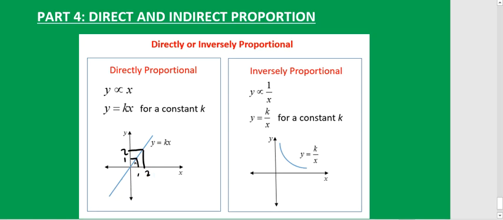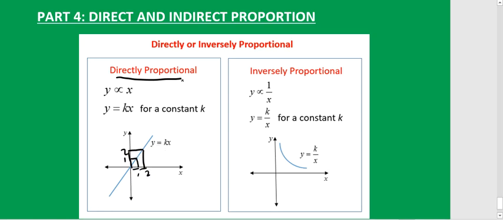So you see what happens? Because the graph is upward sloping, it's going up. That represents direct proportional, which means that as the x variable goes up, the y variable also goes up. If the x variable goes up to 2, the y variable also goes up to 2. It's not always 1 and 2, but it's a simplified way to understand it.